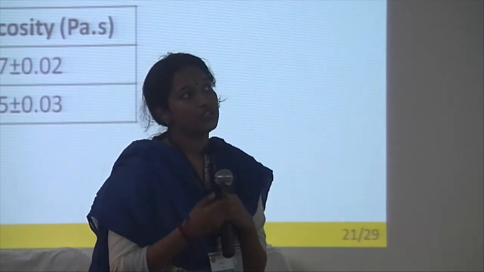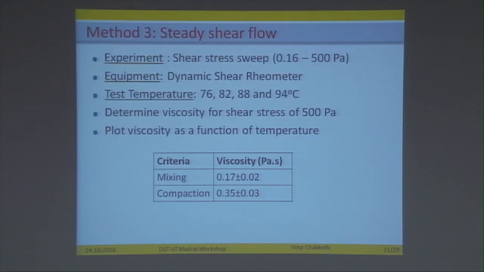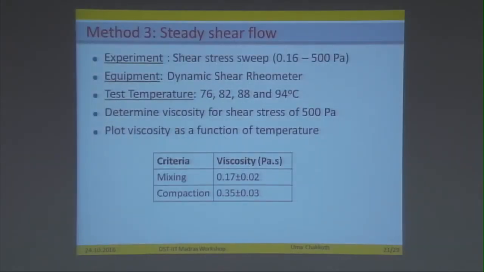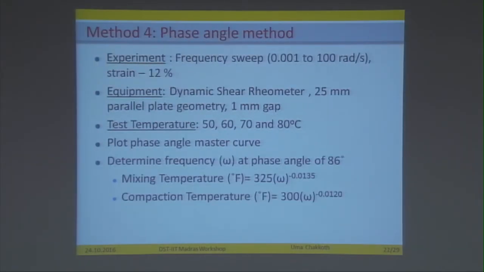So, the viscosity at which the shear stress is 500 Pascal is taken at 4 different temperatures. Again we have to prepare the viscosity temperature charts, from which the temperature corresponding to a viscosity of 0.17 is read, and that corresponding to 0.35 is read and chosen as the mixing and compaction temperature respectively.